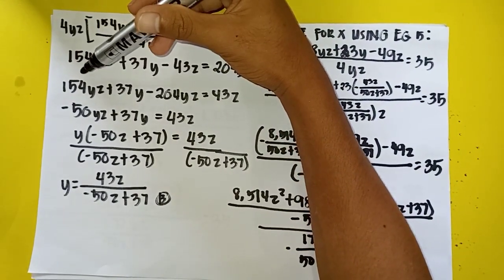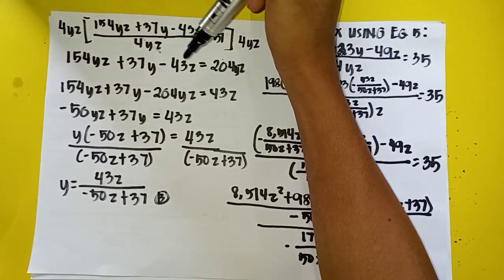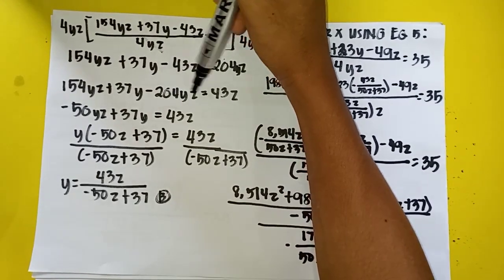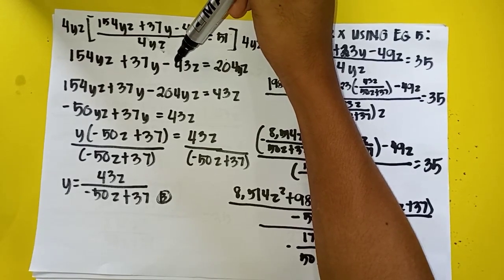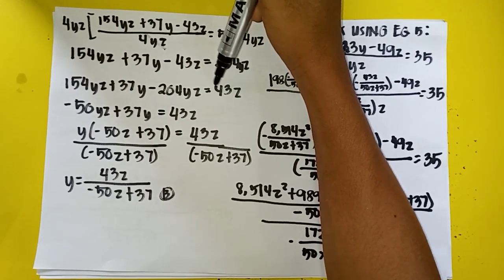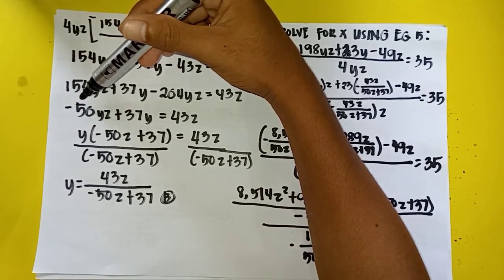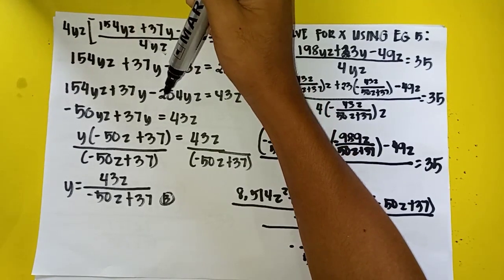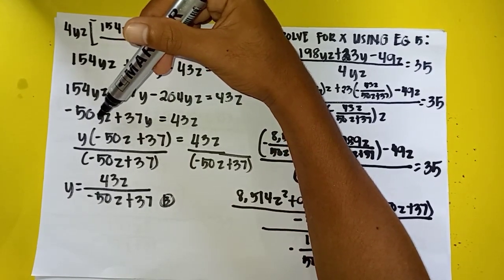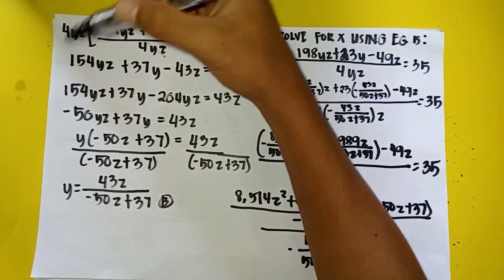The next, 154yz plus 37y. Then we will transpose 204yz, so it will be negative 204yz, equals, and then transpose negative 43z to the right side, so it will be positive 43z. The next, negative 204 plus 154 is negative 50yz, plus copy 37y, equals 43z.